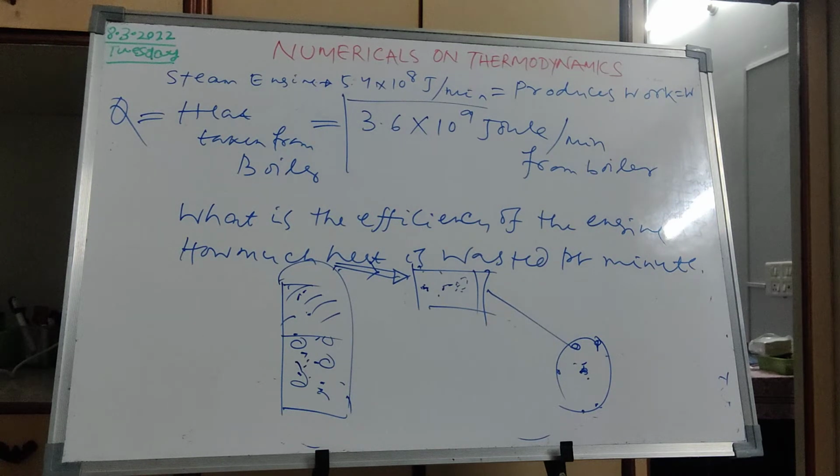So high pressure, high temperature steam will hit the turbine blades, become low pressure, low temperature steam and give out some work, rotating the turbine blade.